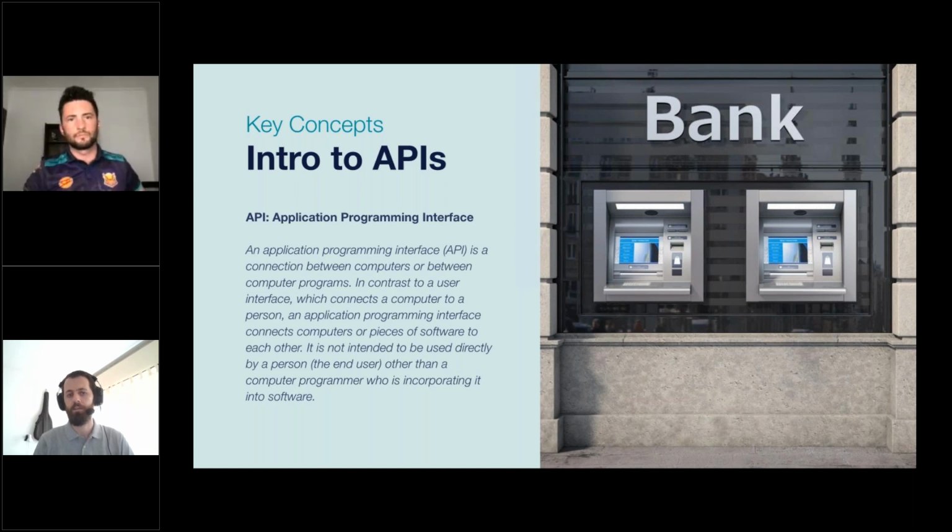Often ATMs are accessible far from the bank, even overseas. APIs are kind of like that. They allow you to pull data from one system to another by having an open window to your data.